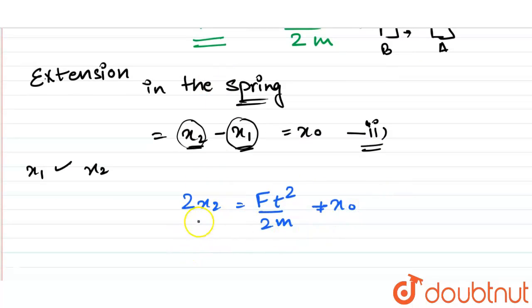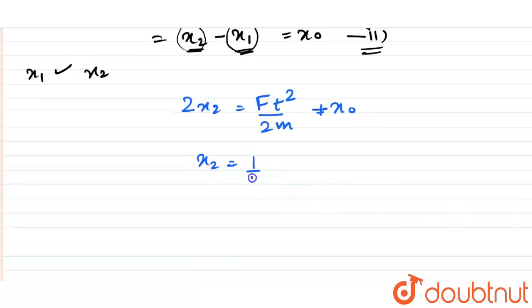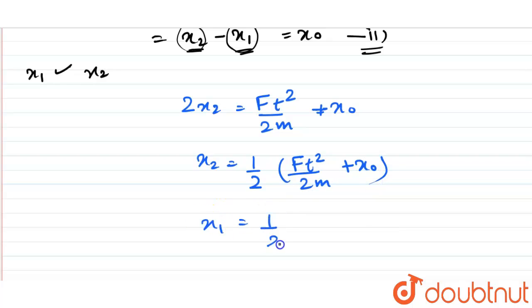This is x2, which means x2 comes out to be half of F t square upon 2m plus x naught. Similarly, x1 will come out to be half of F t square upon 2m minus x naught.